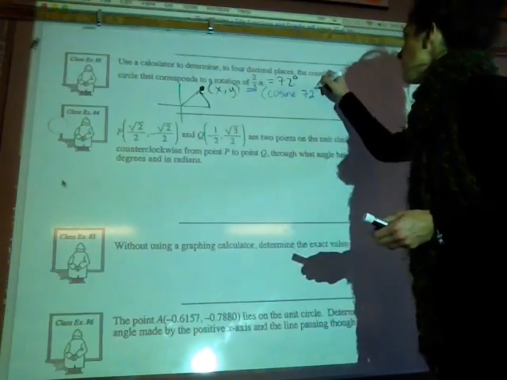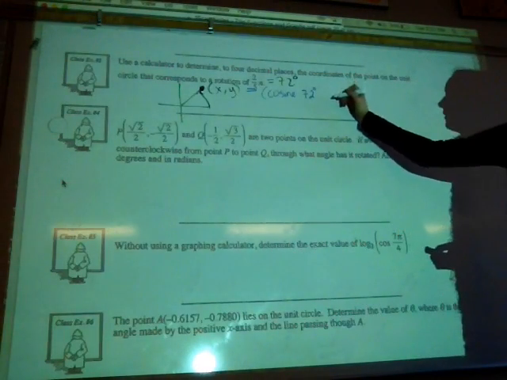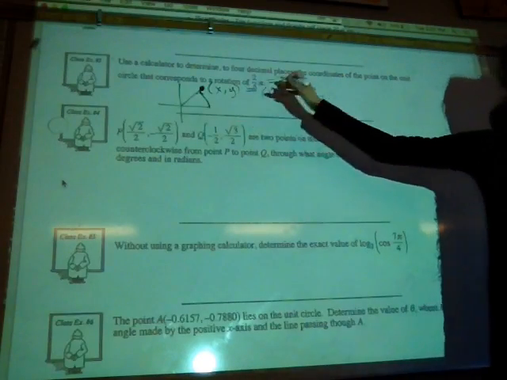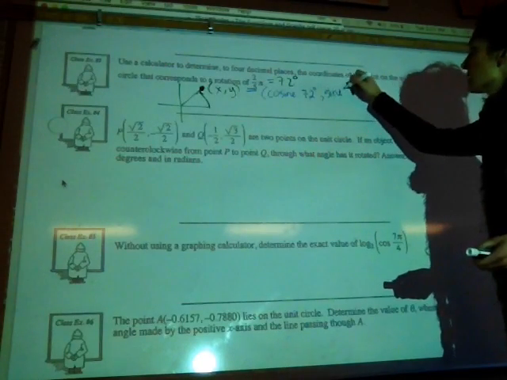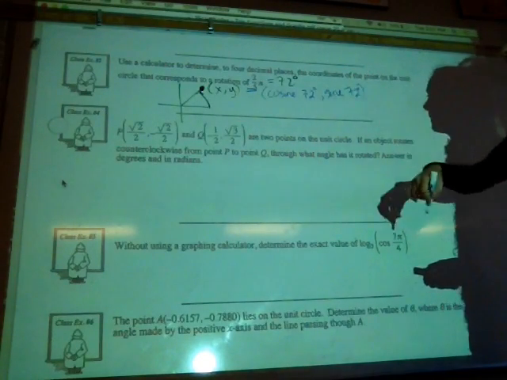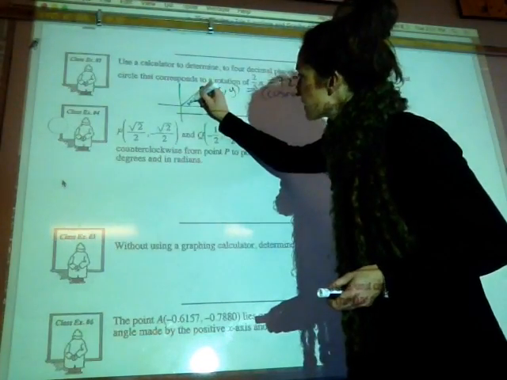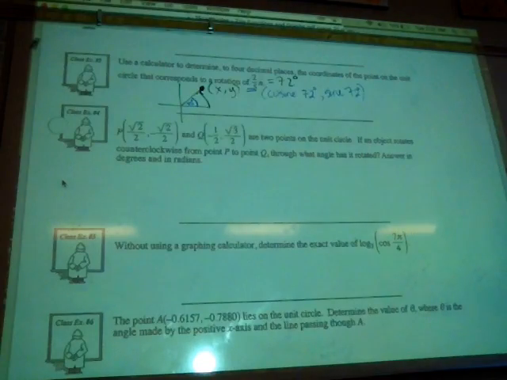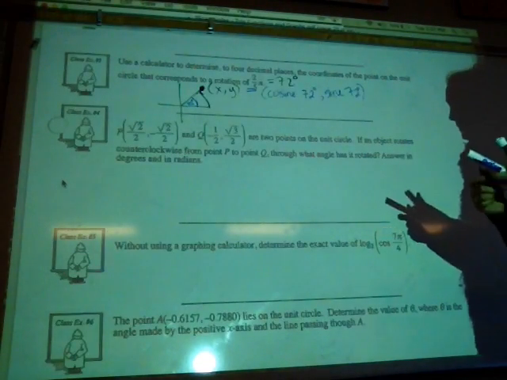I'm going to put the degree right in, okay? So the x coordinate will be cosine 72 degrees, and the y coordinate refers to sine 72 degrees. Okay, this is our reference angle, 72. So we just need to calculate what is cosine 72 degrees and what's sine 72 degrees.